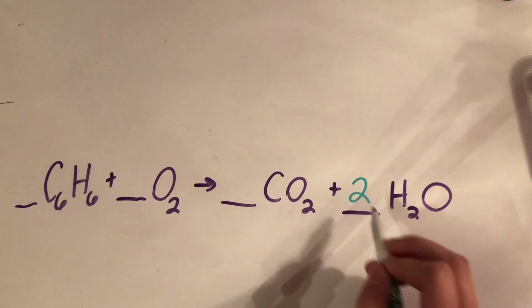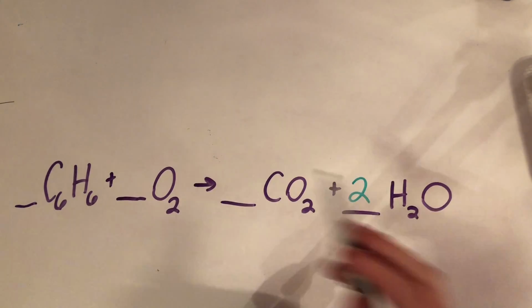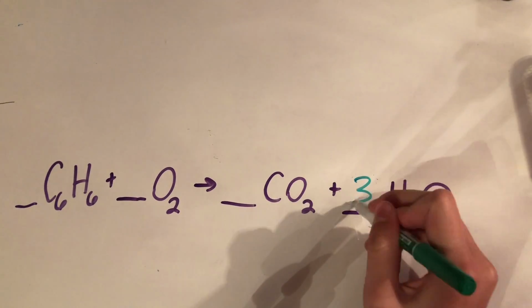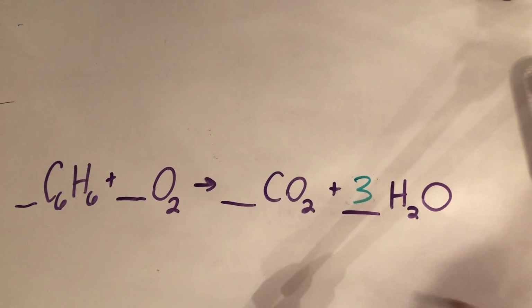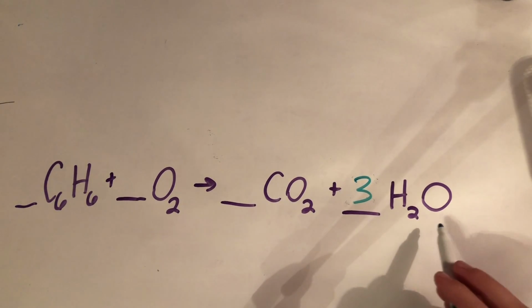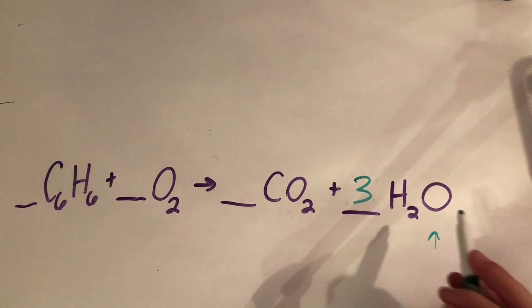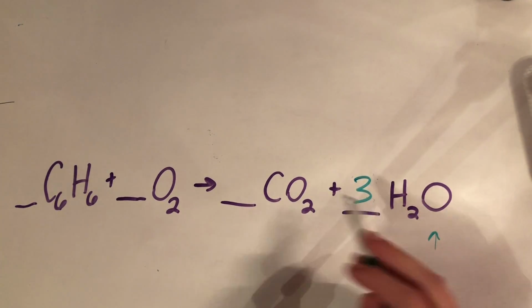So it has to be at least 3, right, to make hydrogen 6, because if we made this 3, then the hydrogens would work out, because there's 6 on both sides. But the thing is, if this is an odd number, then there's not going to be an even number of oxygens. So we can't make it 4, because that's not a multiple of 6.